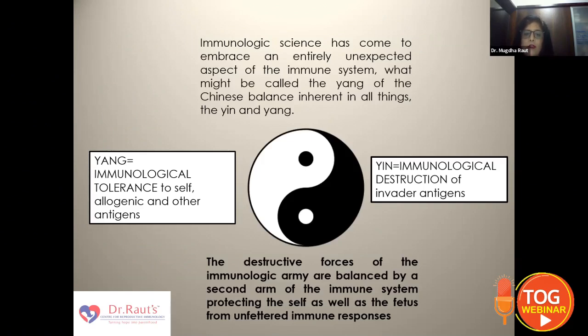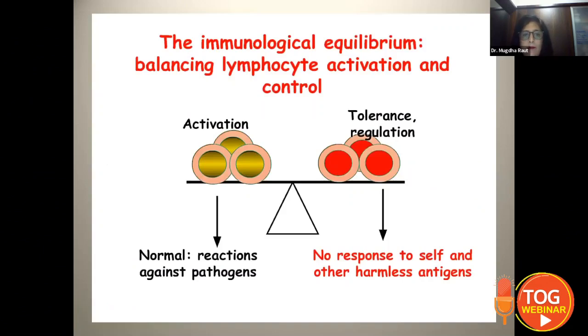The destructive forces of the immunological army are balanced by this second arm of the immune system, protecting the self as well as the fetus from altered immune responses. And this immunological equilibrium, balancing lymphocyte activation and control, is extremely important to prevent any response to self and other harmless antigens.